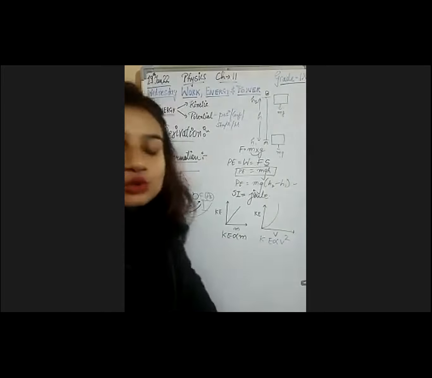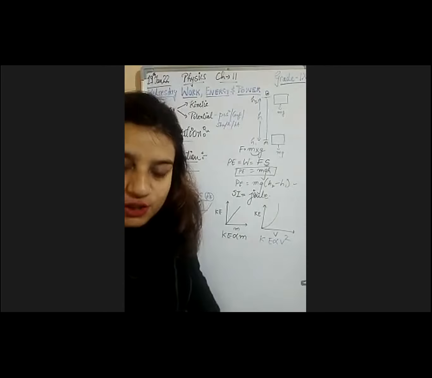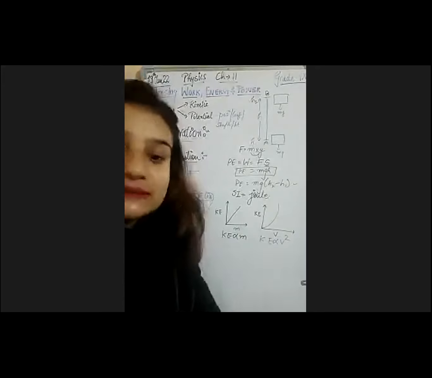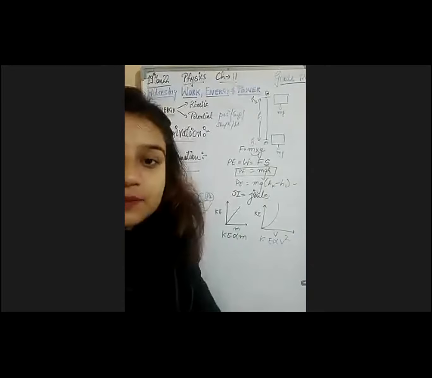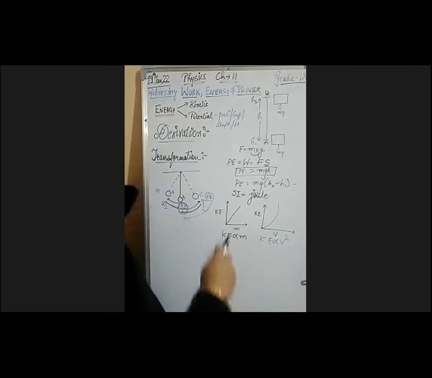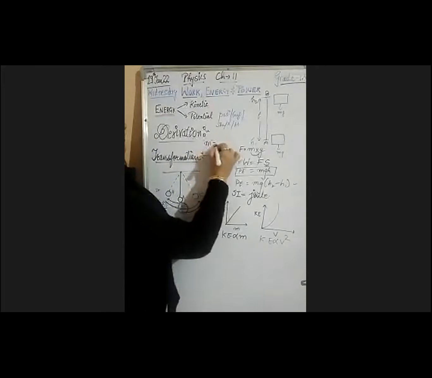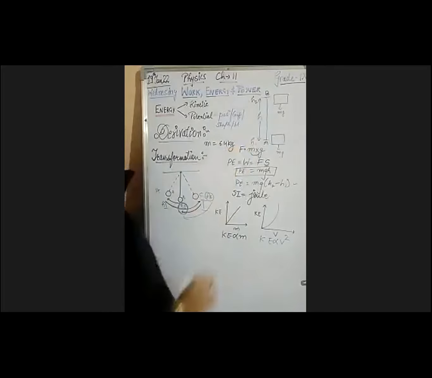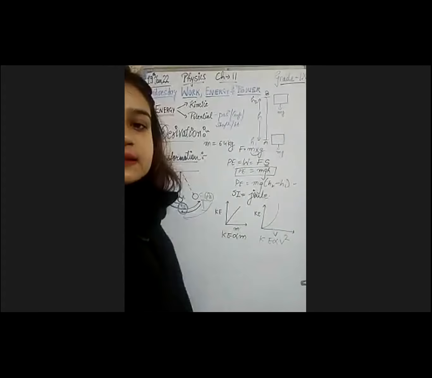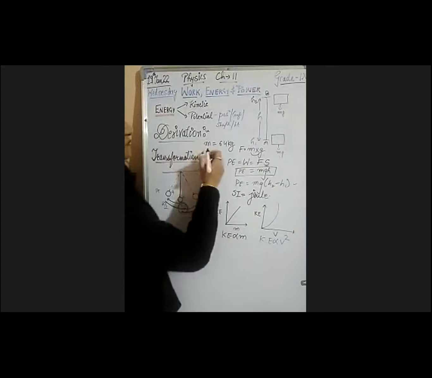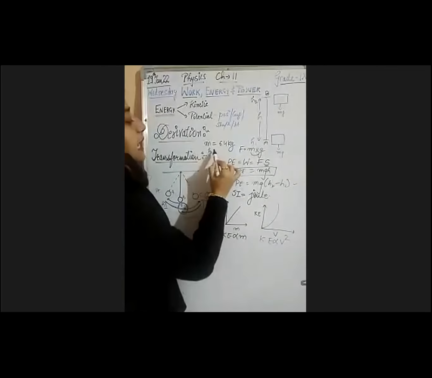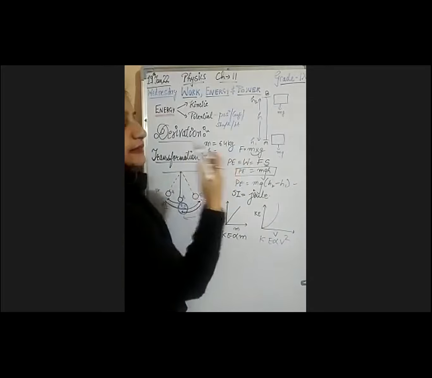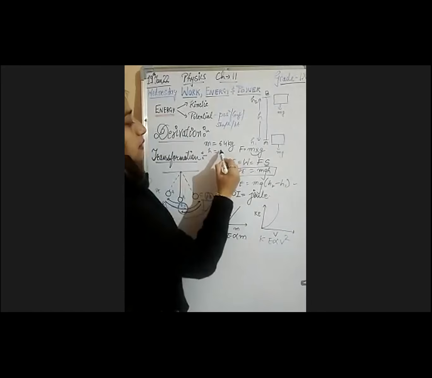Firstly, let us do one numerical. Afterwards we will have the virtual session. Okay, so let me tell you the statement. Start writing quickly. The mass of the body is 64 kg and it is at 40 centimeters.